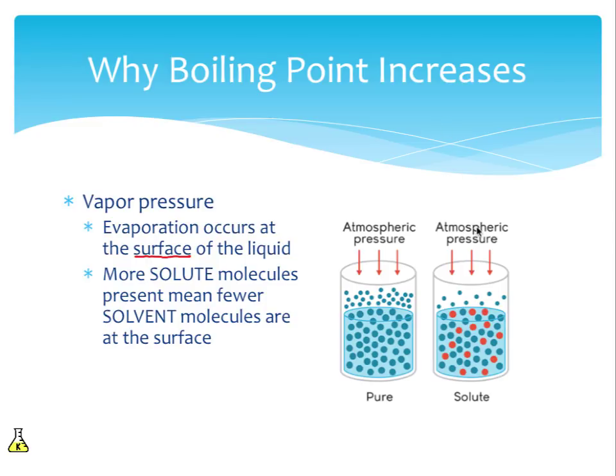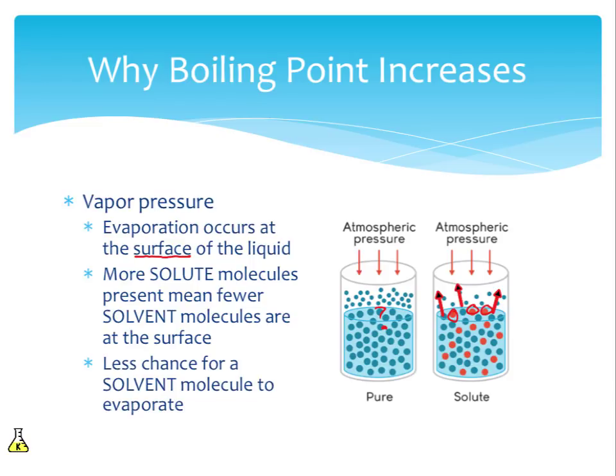Looking at our diagram over here to the right, we can clearly see in this situation, these blue circles represent our solvent. They're the ones that are trying to evaporate and exert that vapor pressure. But we can also see that at this surface here, some of the spaces of the solvent are taken up by our solute molecules, and that's not the case over here in our pure solvents.